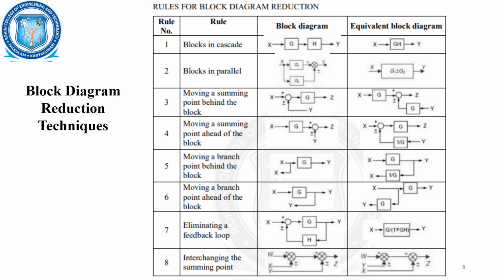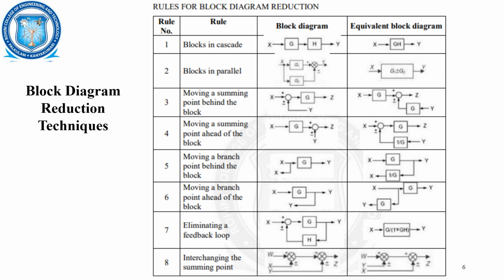Next, moving the summing point. Suppose we are moving this point to this point, so that it is moving ahead. I'm sorry, this is moving a summing point ahead of the block.